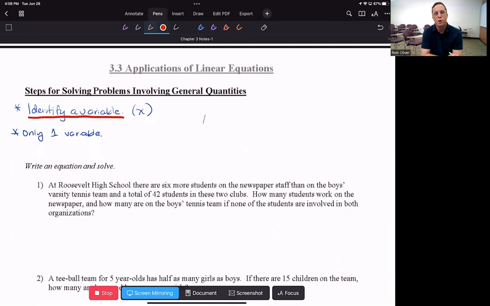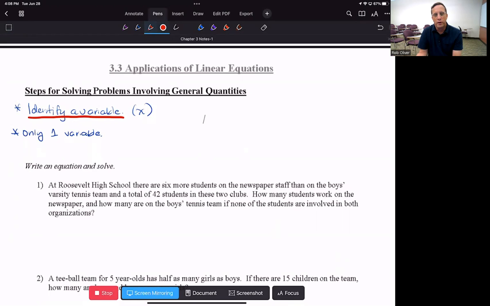Does it represent the number of tennis players? Does it represent the number of people on the newspaper staff? What does X identify with? That's the thing we need to make sure we've identified for sure, and it's part of the problem. Then work your way around that X or N or whatever letter you have chosen for your variable.